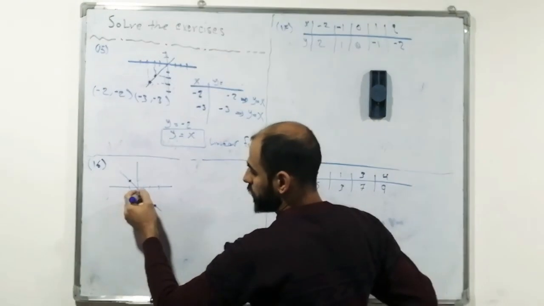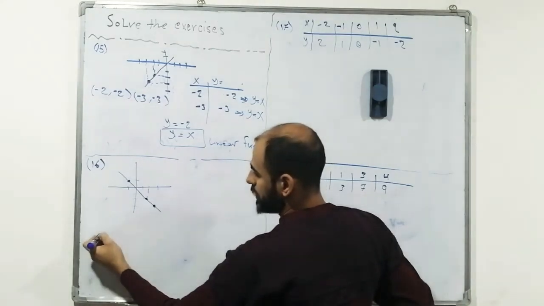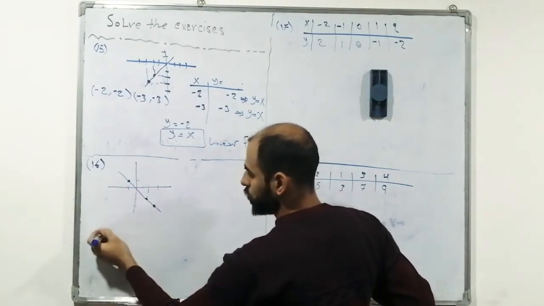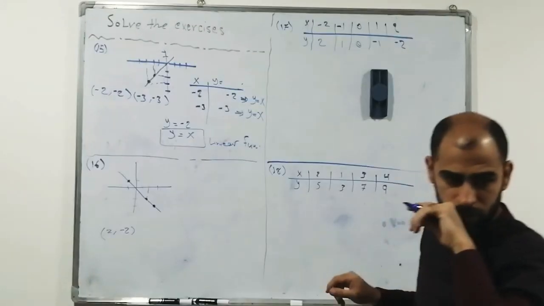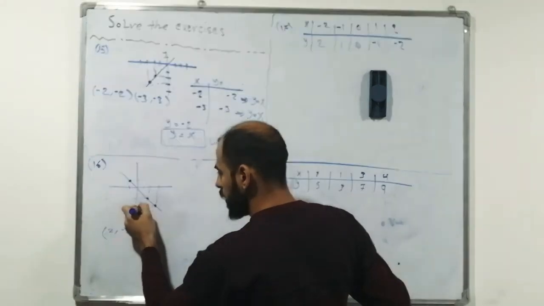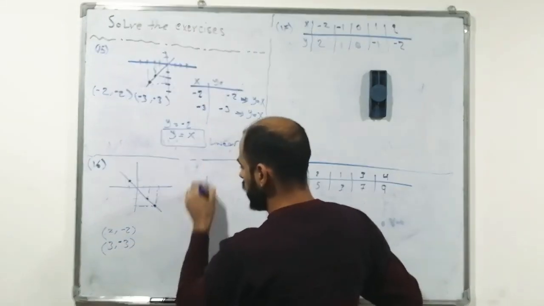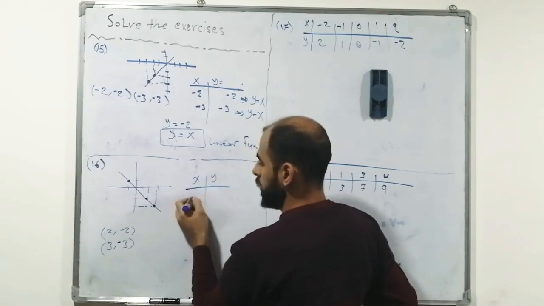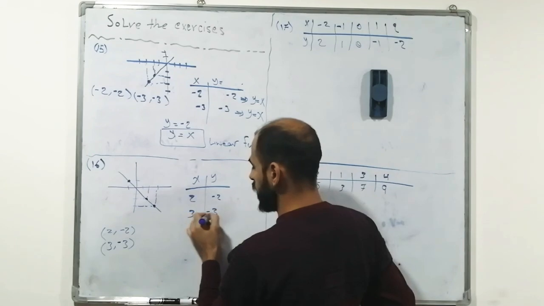The other question: the first ordered pair is x 2 and y minus 2, and the other ordered pair is x 3 and y minus 3. We make a function table x and y: x 2, the first point, with minus 2, and x 3 with minus 3.